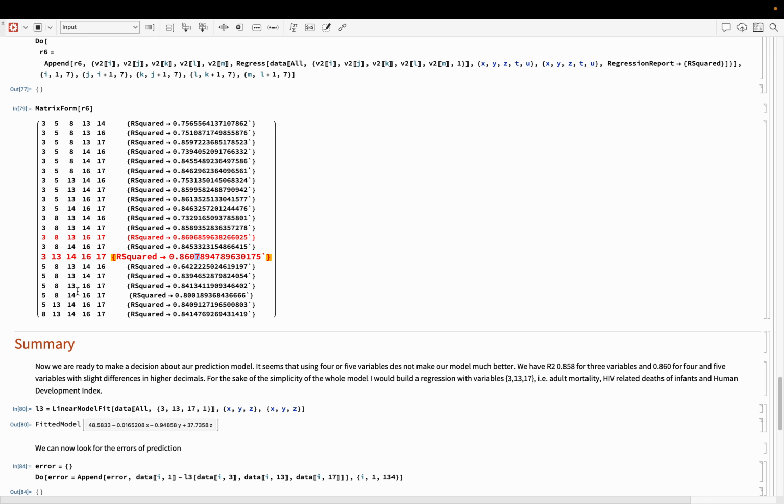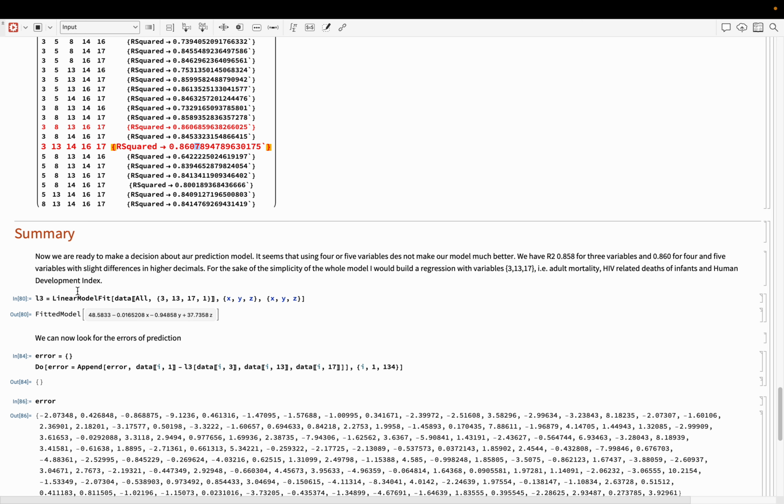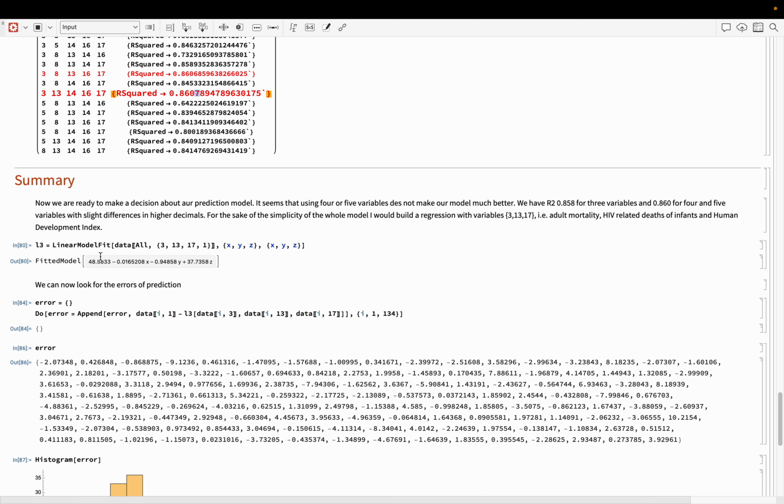This a little bit lower it means on the 3rd position after the comma, so it is not really much. And my decision at this point will be to choose this multiple regression model with 3 independent variables.